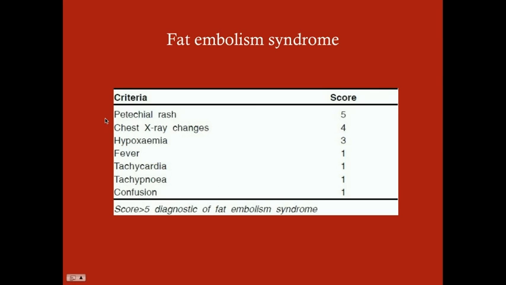So you can see how these play into fat embolism syndrome by their score. Just having a petechial rash puts you right on the verge of diagnosing fat embolism syndrome. The score is 5 or more. So petechial rash in and of itself should be a major clue.